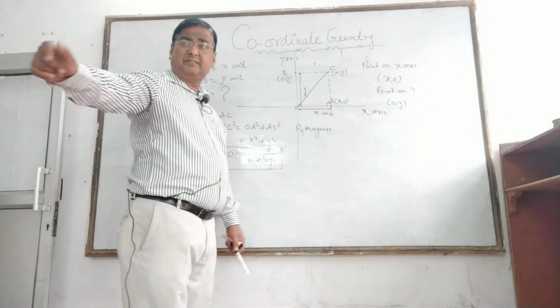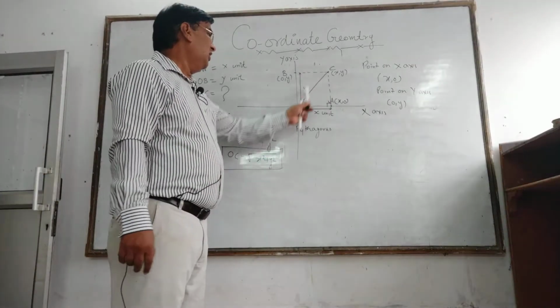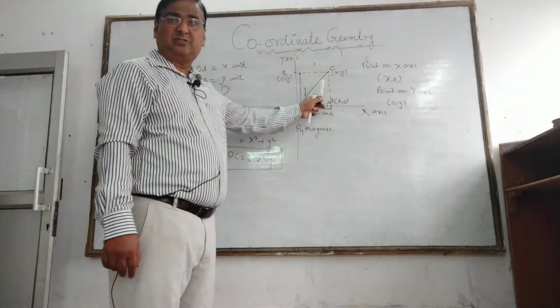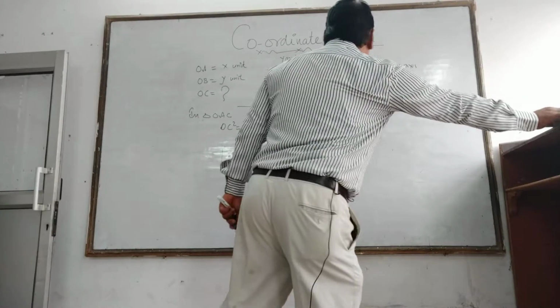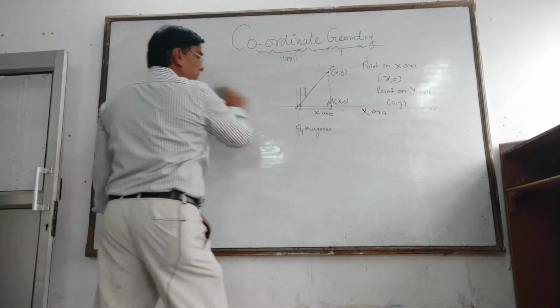Now look here, OC squared is OA squared plus AC squared. Now how will we find the distance between two points A and B?